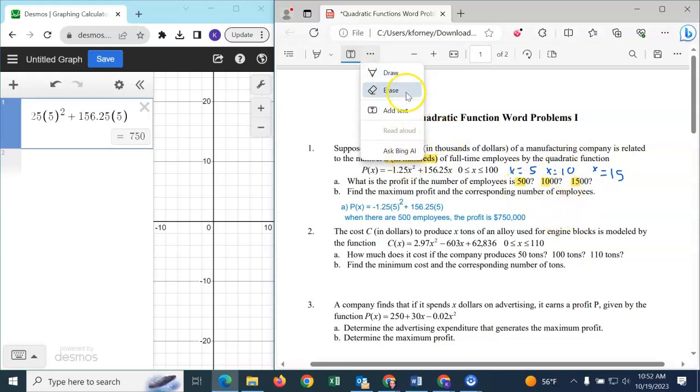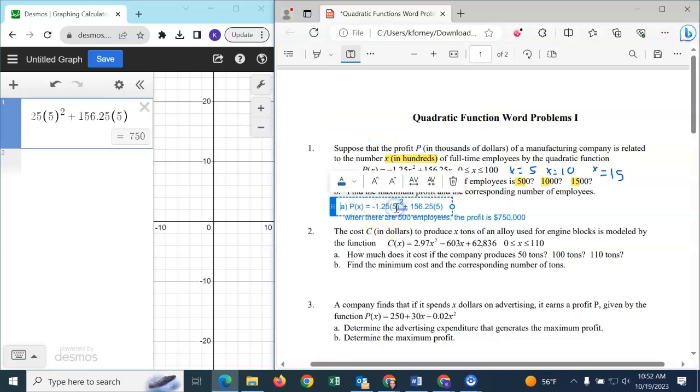So when X is 10, you're going to go back in and substitute 10. So in place of the 5, we would input our 10.